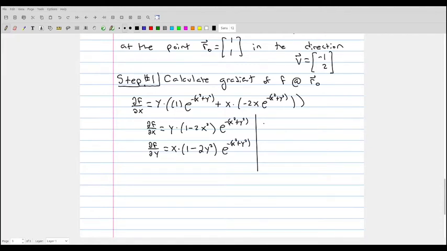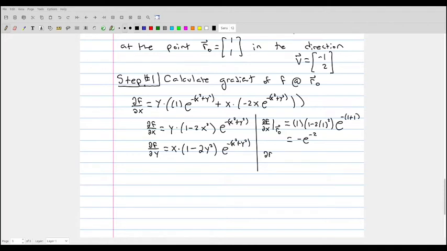So before I plug these two things into the gradient vector, I'll go through and calculate exactly what they're going to be. If you do that, you get the x partial derivative at the point r0 is going to be the following. We plug in the point r0, which is 1, 1. It'll be 1 times 1 minus 2 times 1 squared, times e to the negative 1 squared plus 1 squared. So it's going to be equal to negative e to the negative 2.